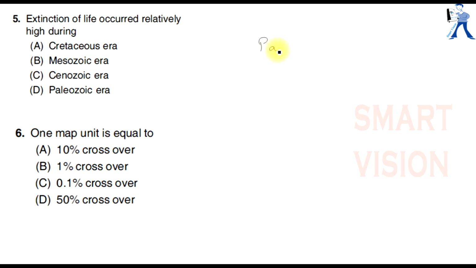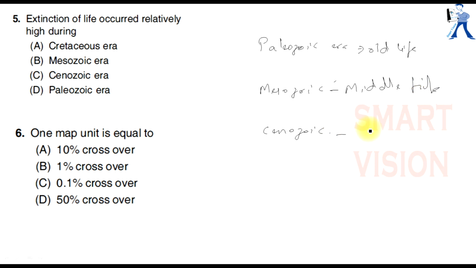First is the Paleozoic era, second is Mesozoic, and third is called Cenozoic. In common terms, Paleozoic is old life or ancient life, Mesozoic means middle life, and Cenozoic means new life.